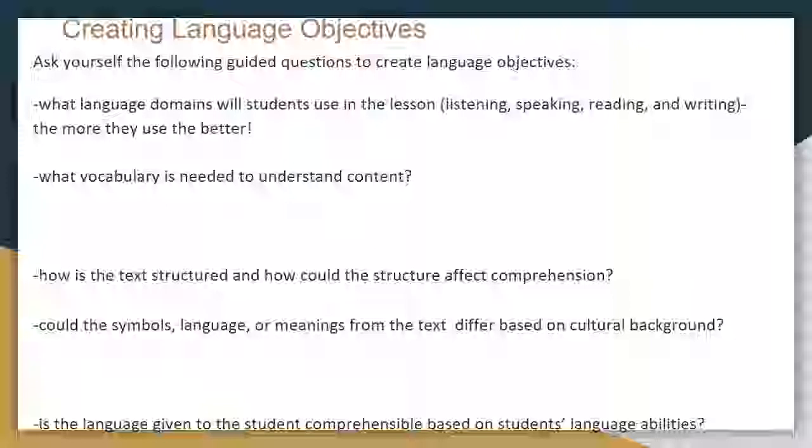Or you might have on your language objective that students will use the present tense and the key vocabulary words for the subject to explain their thinking. And this way, you're making sure that students understand what the language used in the lesson is, because they have to explain it to their peers, and they have to actually use that language in a real situation.